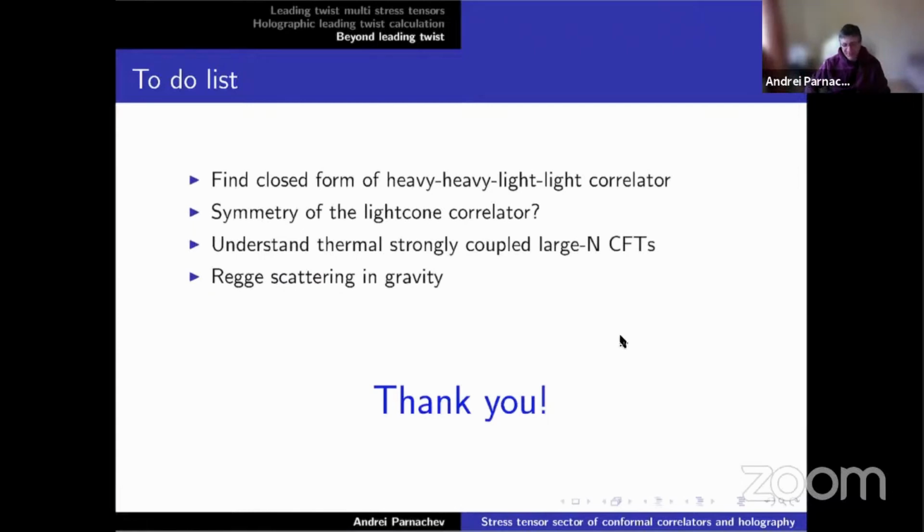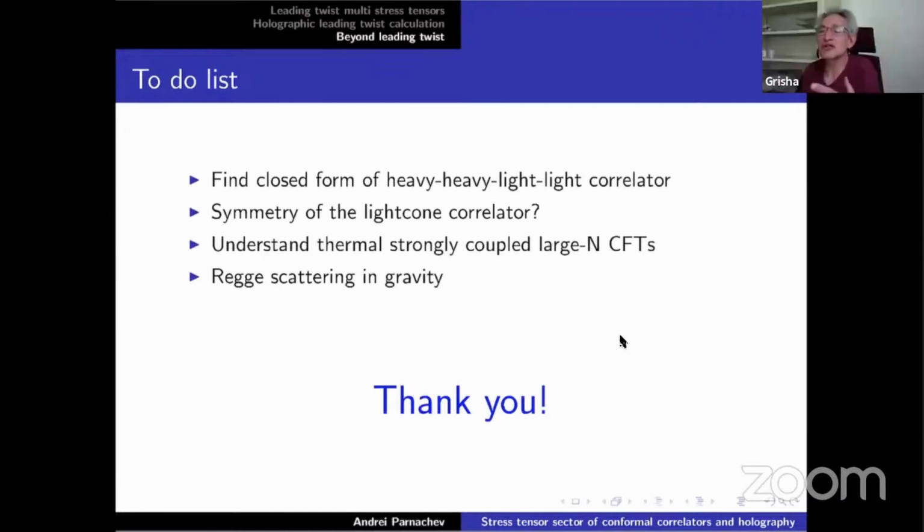What happens there is the mixing. When the dimension of your operator is integer, then the multi-trace operator made out of the light operator has the same conformal dimension as the multi-stress tensor operator.